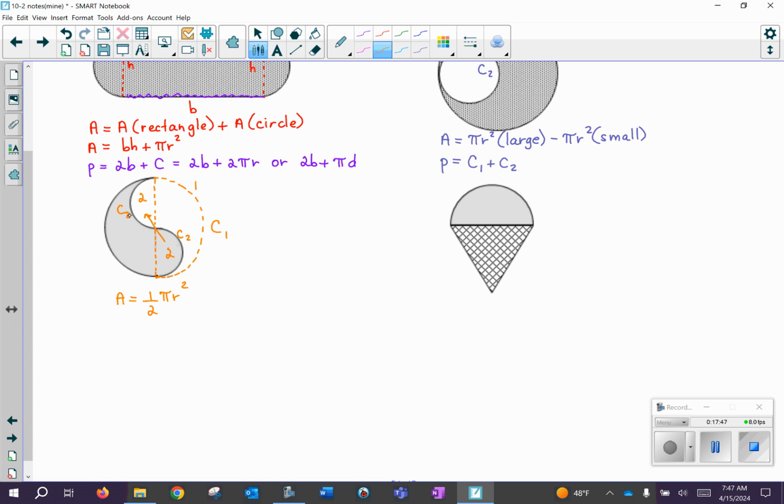All right, so our total perimeter is going to be from here to here. This is circumference 1, C sub 1, but it's half of a circle, so it's a half of C sub 1. And I need to add to it this half and this half of C sub 2, so a full C sub 2.